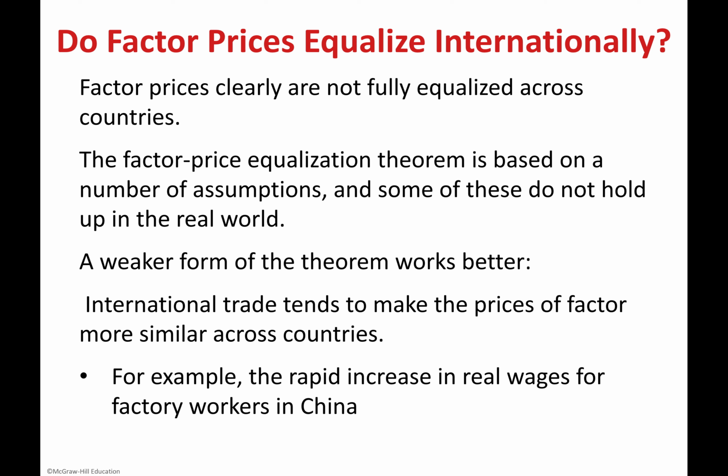Probably the better way to think about the factor price equalization theorem is a weaker form of that theorem. And the weaker form is that international trade tends to make the prices of factors more similar, or move closer together, is the way I would put it.